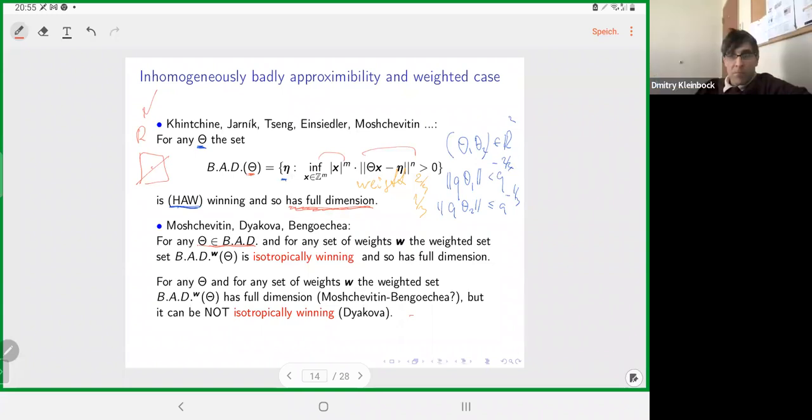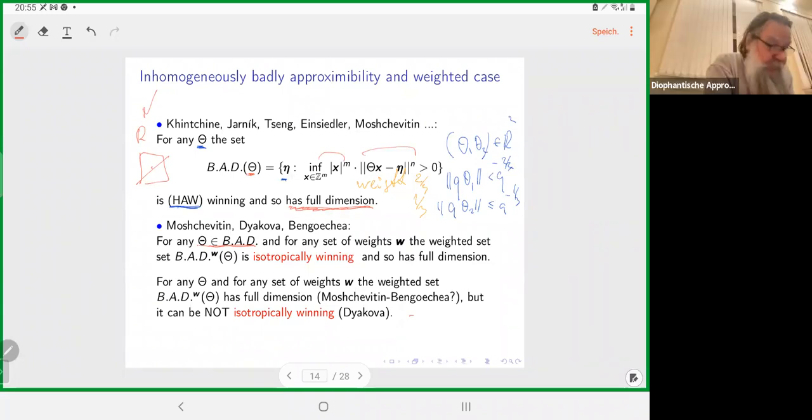This is a specificity of the situation when theta belongs to badly approximable matrices, because if theta does not belong to badly approximable matrices, there are examples where the set of etas does not admit isotropically winning property.